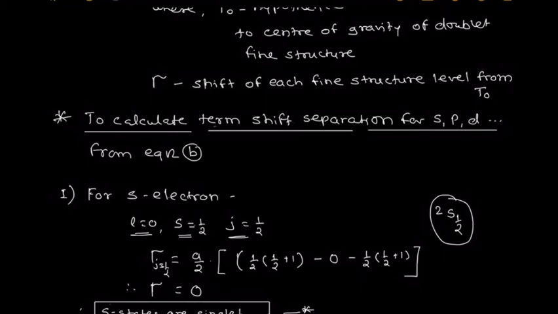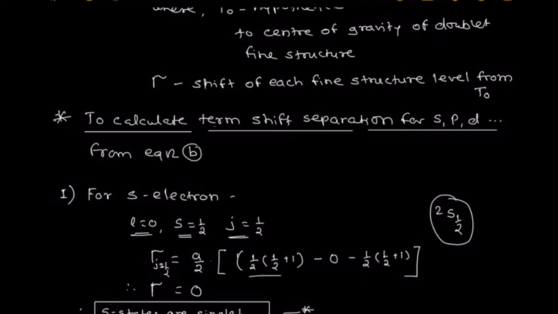We know J star square means J into J plus 1. J is half, so half into bracket half plus 1, minus L star square. L is 0, therefore that total term is 0 minus S star square. S star square means S into S plus 1, that is half into bracket half plus 1.